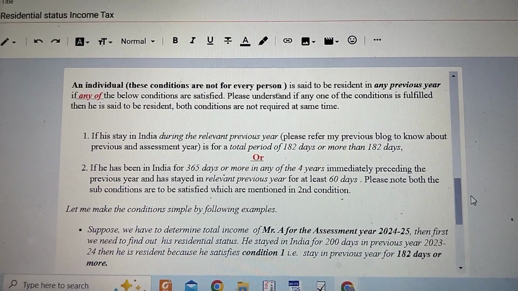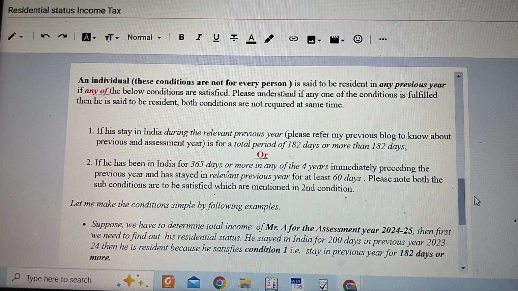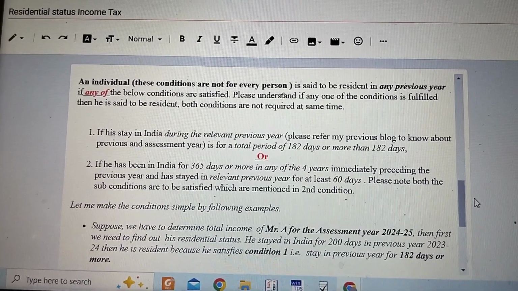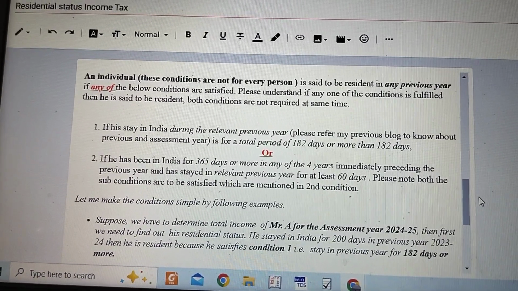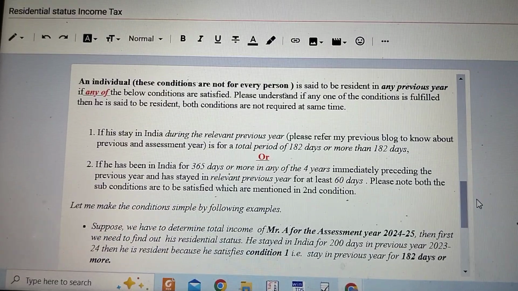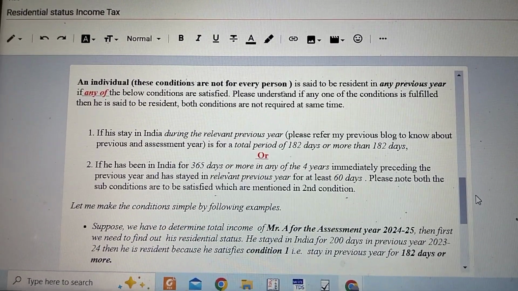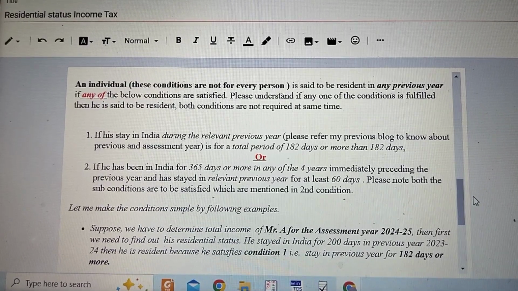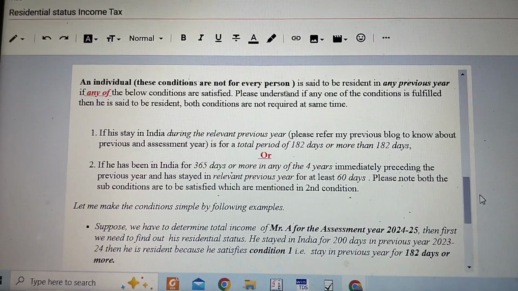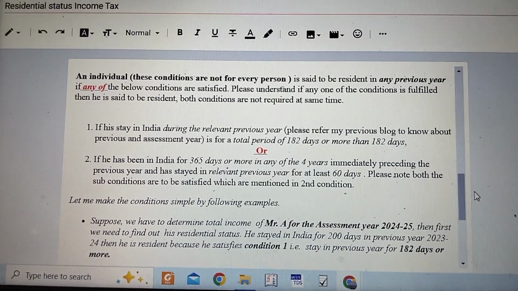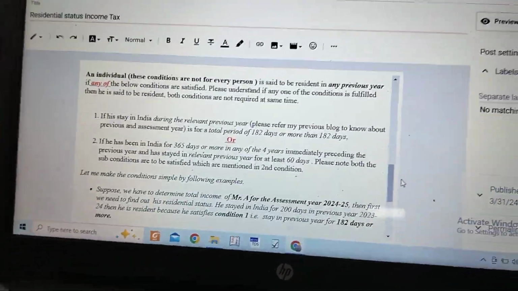So what is the first condition? If an individual stays in India during the relevant previous year for a period of 182 days or more. Let's suppose a person keeps on going out of India. He has given his income details to a chartered accountant to file his return.